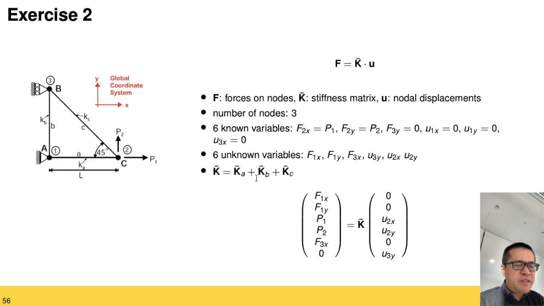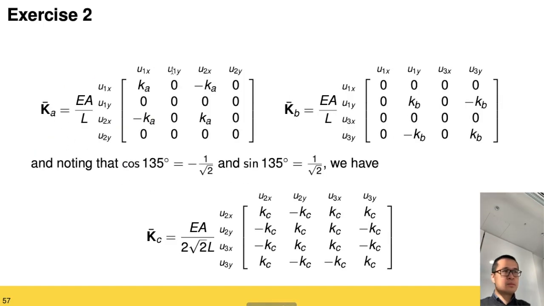For the stiffness matrix, what we can do is work out the stiffness matrix element for each of these 3 bars, and add them up together. For A and B, they are relatively simple.